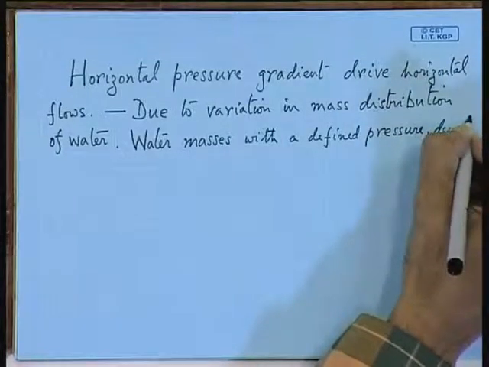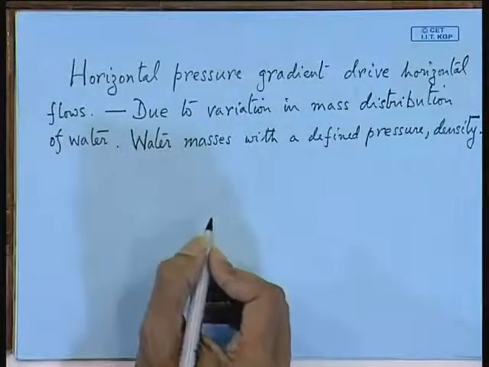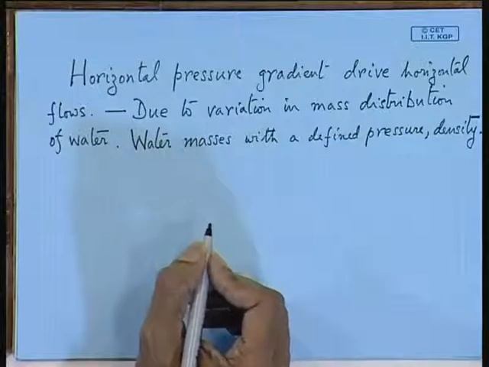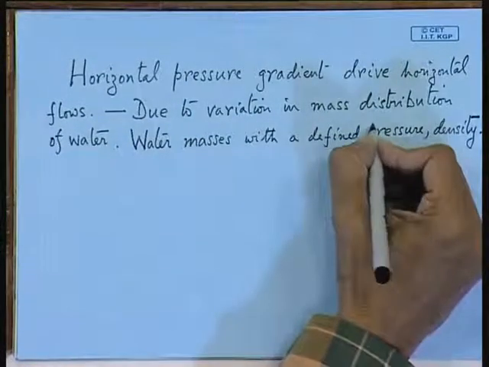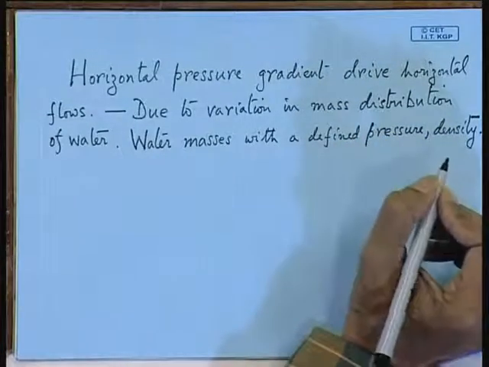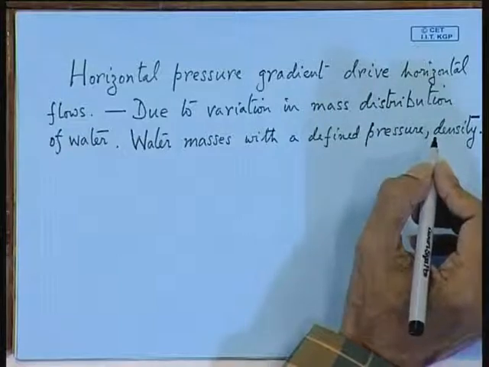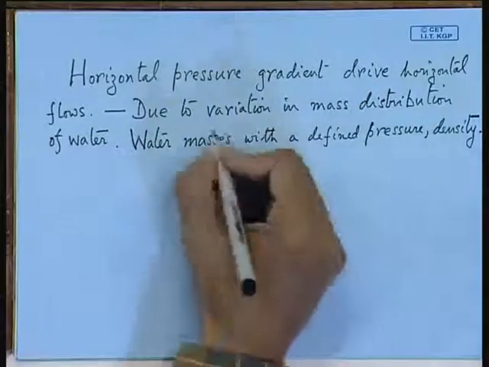So, you have to segregate and demarcate various water masses flowing in the ocean, and this is done by marking particular water masses with their characteristic pressure and density. So, in the oceanographic charts you will find these water masses.